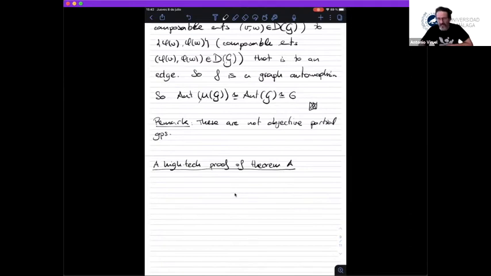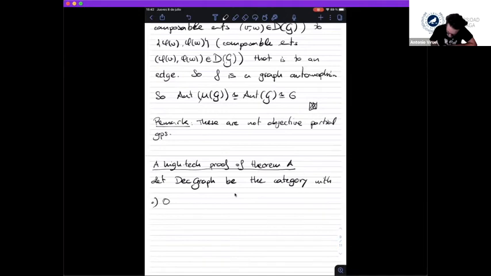So indeed, the theorem is a very particular case of a more general result. So let's take the category of graphs, with, well, I have to define which are the objects, and then the morphisms.